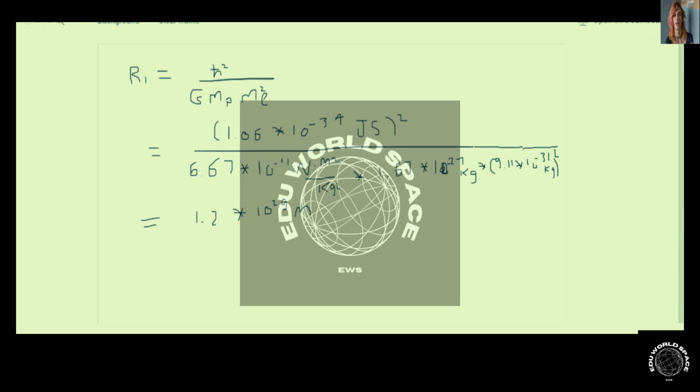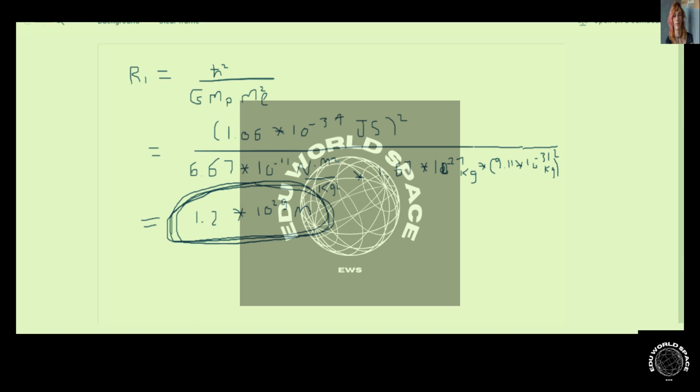So you end up with the first orbit 10 to the power 29 meters away. These values give us an intuition of what we can expect from the gravitational force.